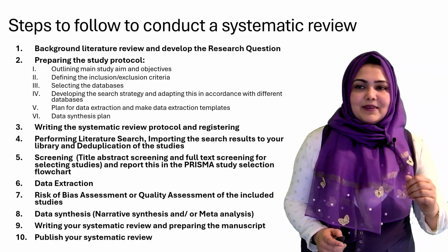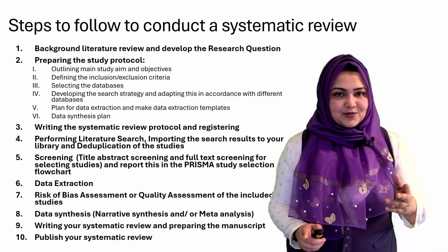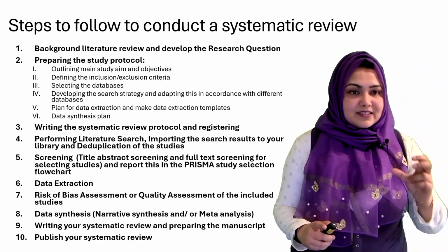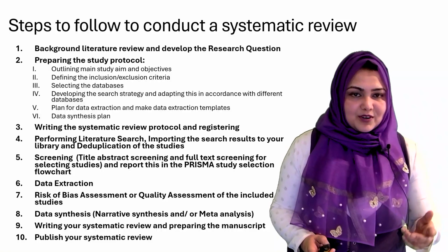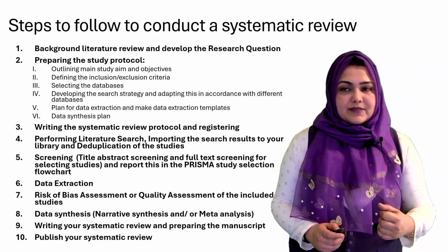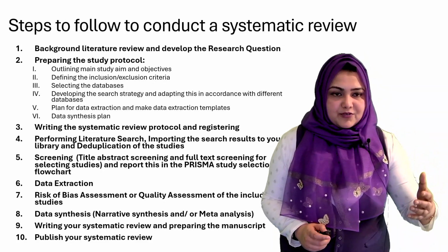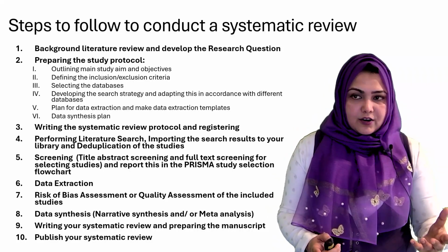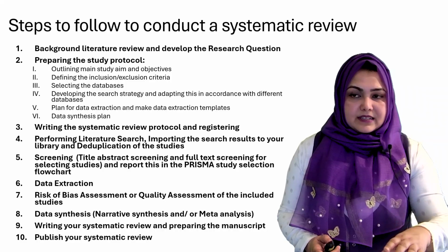So the first step here is the background literature review and develop your research question. So that's the first thing, isn't it? So you need to have your specific research question ready on which you are going to conduct this systematic review, the evidence that you want to generate. So definitely it's your area of interest which will determine what research question you are going to address in this systematic review.